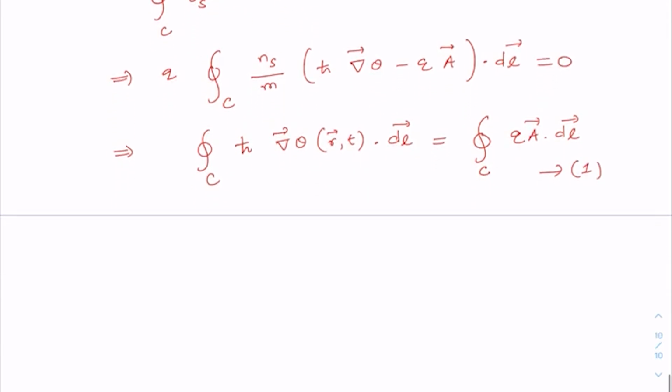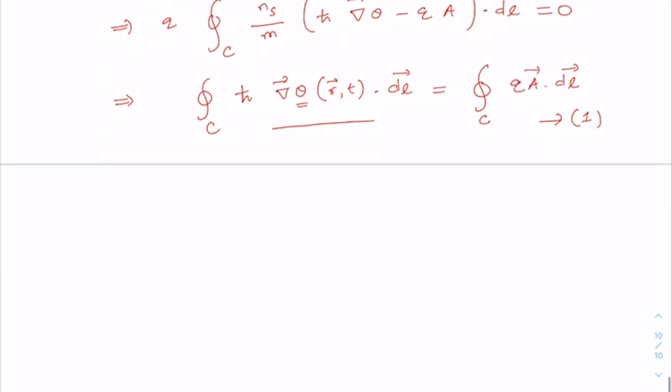Now in order to evaluate the integral on the left hand side of this equation, we have to realize that the real function theta is not well defined, since there exist multiple phase values giving the same result for the macroscopic wave function. Let me explain it. We know that psi of r,t, the wave function as per the Ginzburg-Landau theory, we have taken it as the square root of the local density of superconducting electrons, times e to the power i theta.